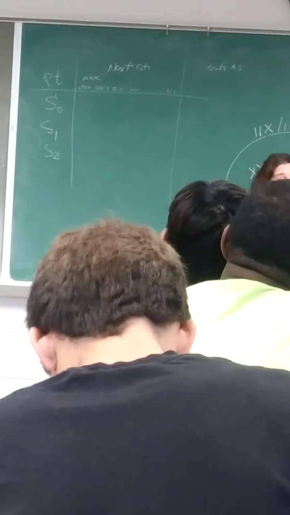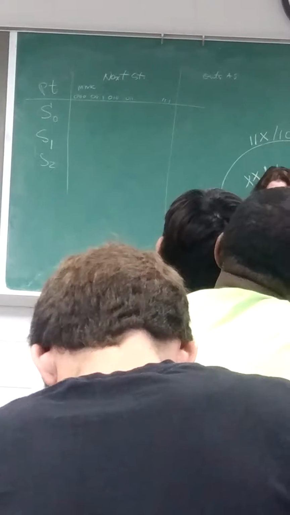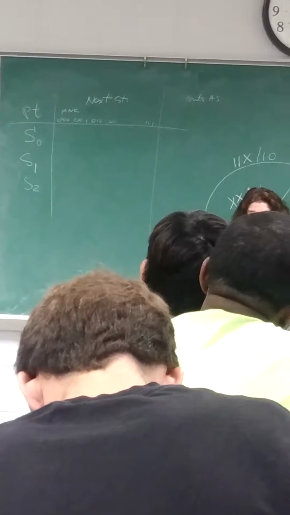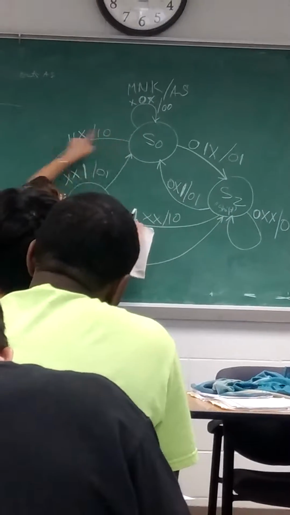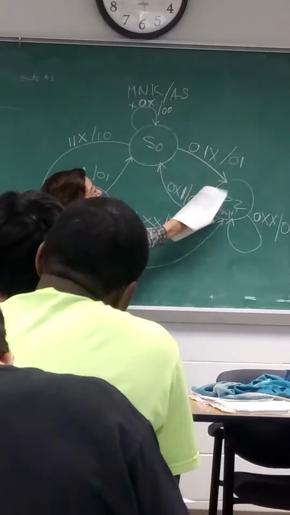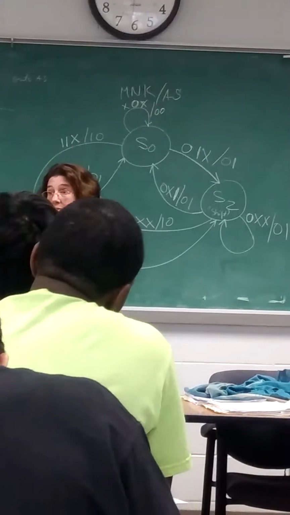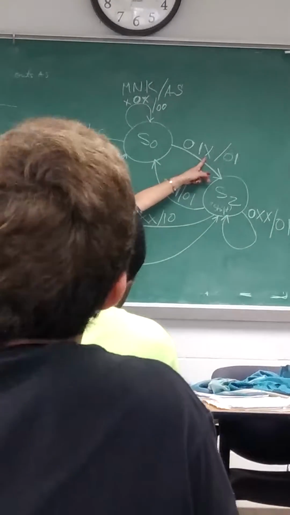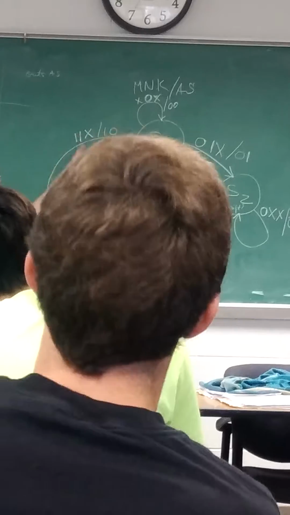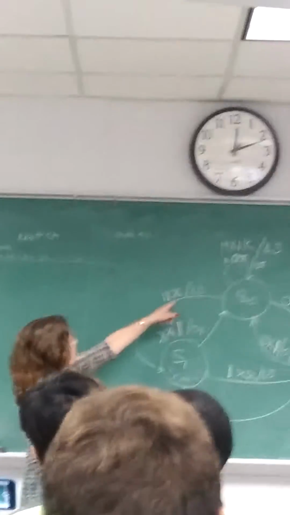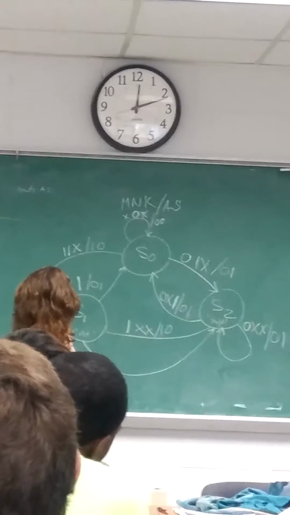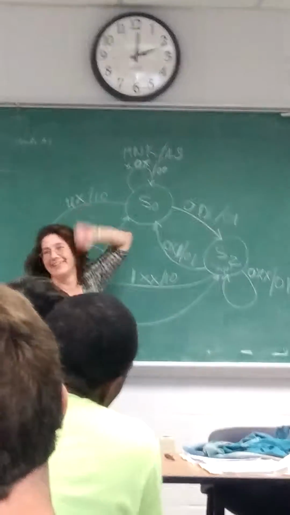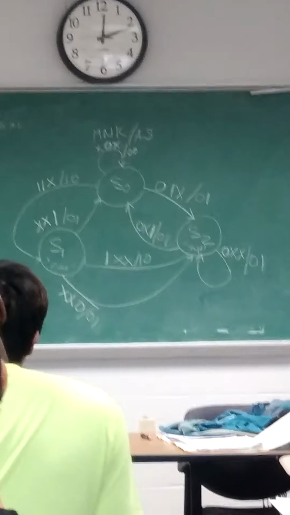Otherwise, I'm going to have 8 lines out of this state. This one really represents 2, and this one represents 2, and this one also represents the others.